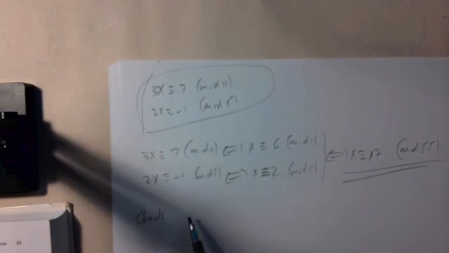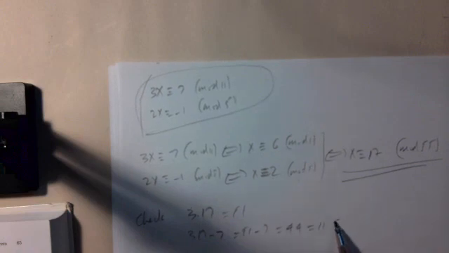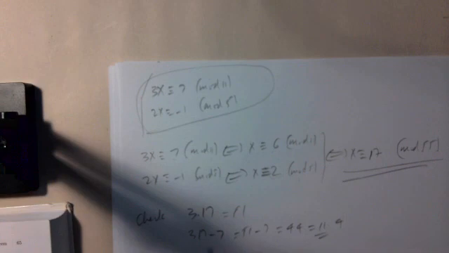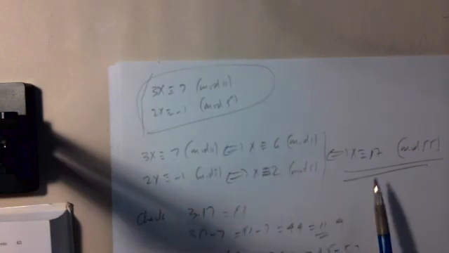Let's check. 3 times 17 minus 7 is 51 minus 7, which is 44, divisible by 11. And 2 times 17 minus 1 is 34 plus 1, which is 35, or 5 times 7.